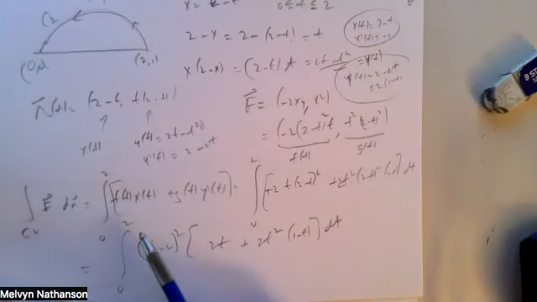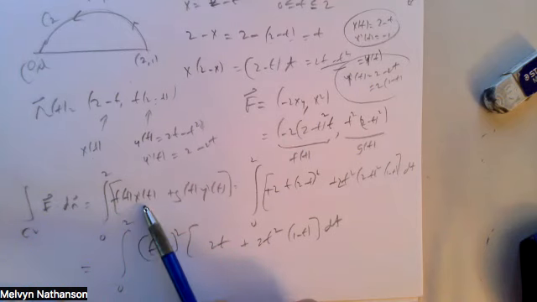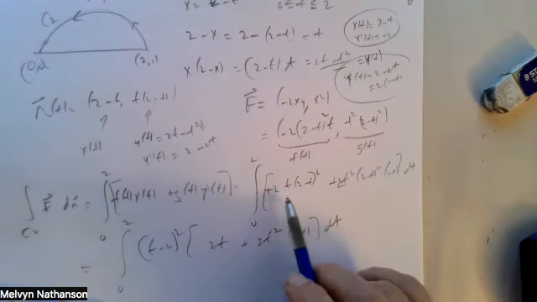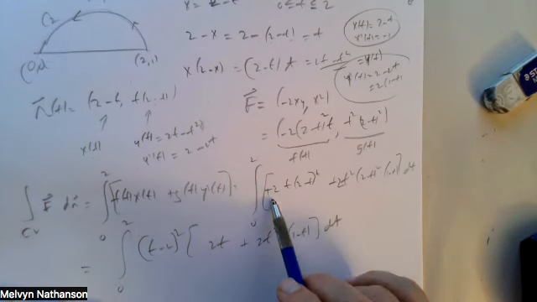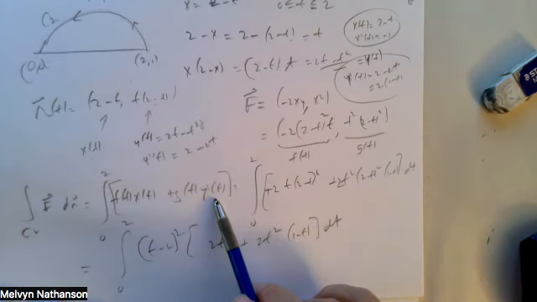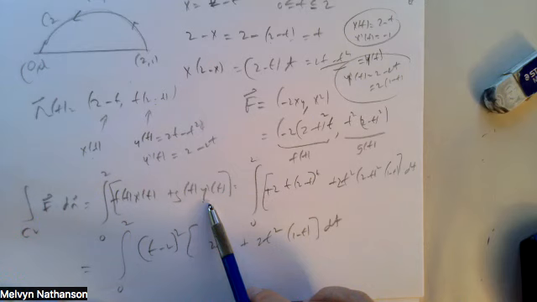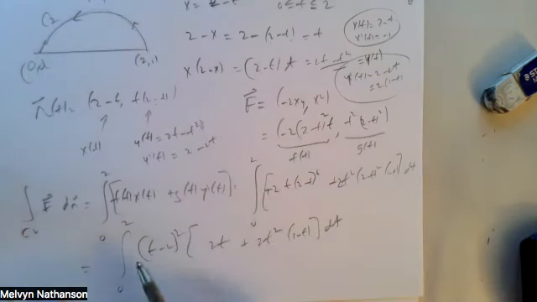So I have the integral of f times x prime, where x prime is minus 1, plus g of t times y prime, which is 2 times (1 minus t).